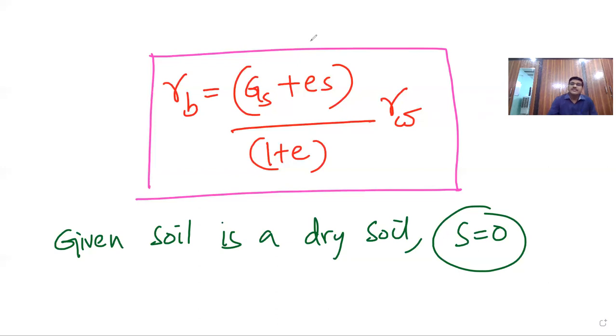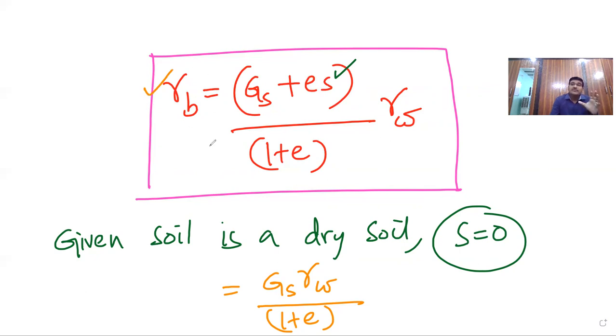So substituting this, when S becomes 0, the right hand side of the equation becomes Gs into gamma W by 1 plus e. And observe the left hand side, bulk density. Bulk means totality.